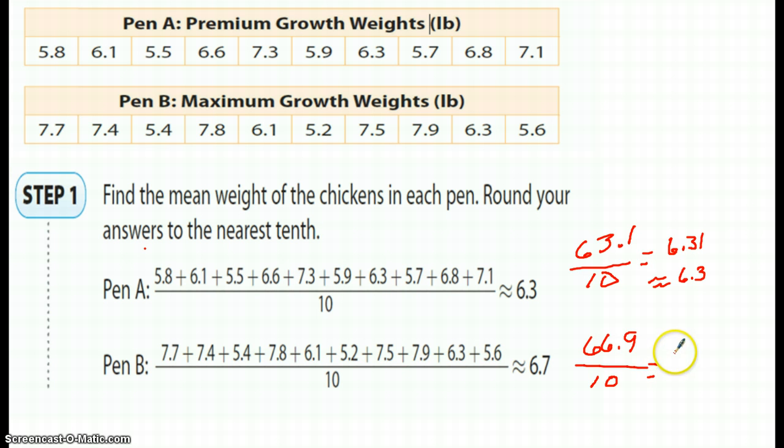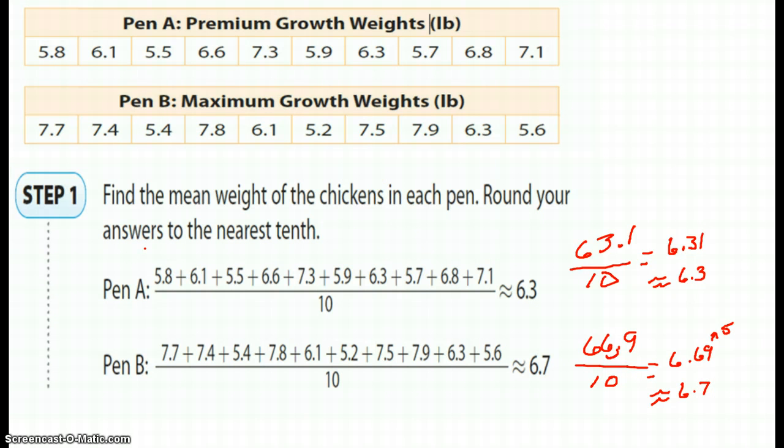We will get, just move that decimal place, guys. When you divide by 10, just move it over 1 to your left, and you'll get 6.69. Since the 9 is greater than 5, we're going to increase the 6 to 6.7. So that's how that's done.